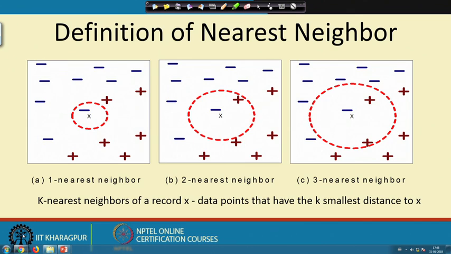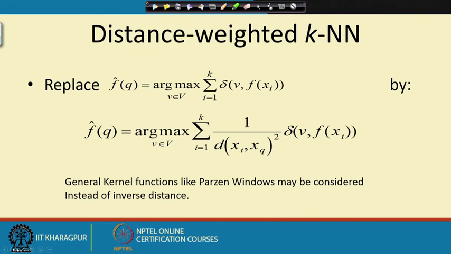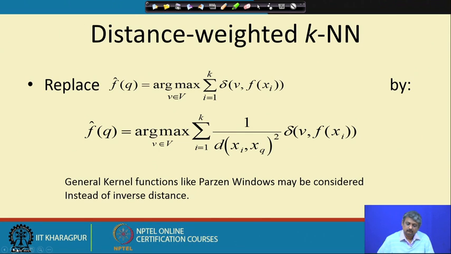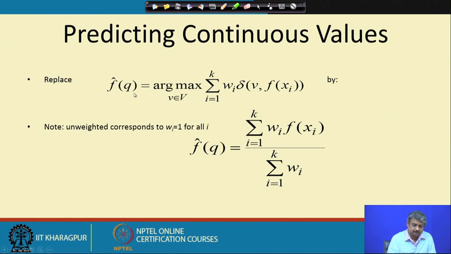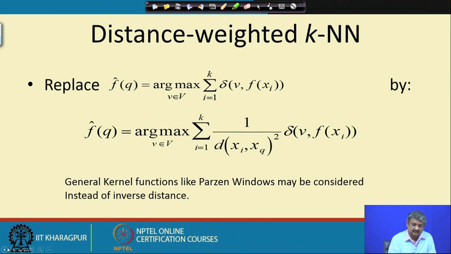So, this rule is known as the distance weighted k nearest neighbor rule. Basically, f(q) is the class.